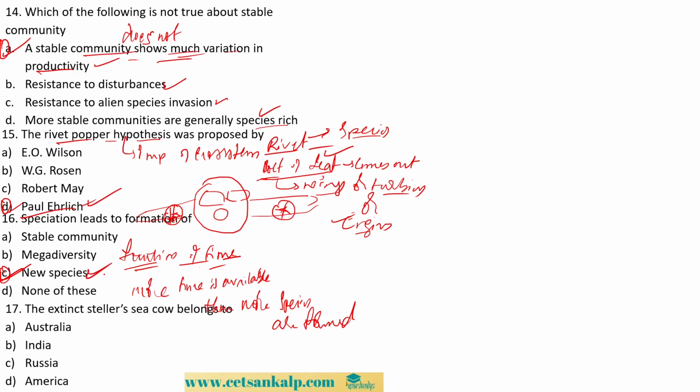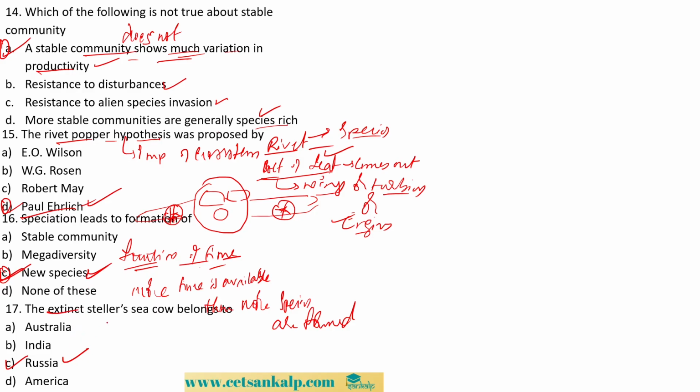Now next question. The extinct Steller's sea cow belongs to Australia, India, Russia, America. The answer over here is what? The Russia. Okay, so Steller's sea cow was actually a mammal which went extinct, extinct is the more correct word over here, due to over exploitation.